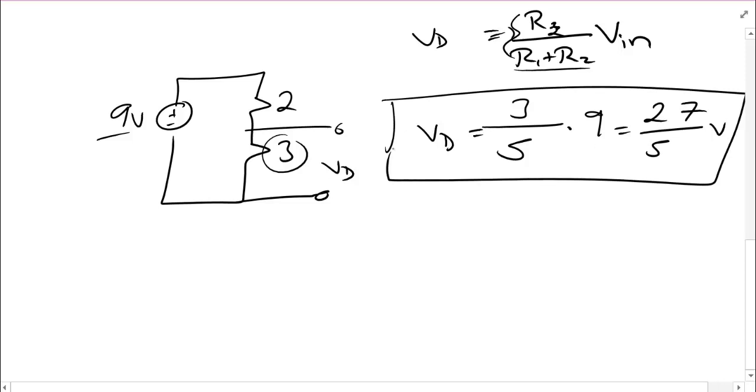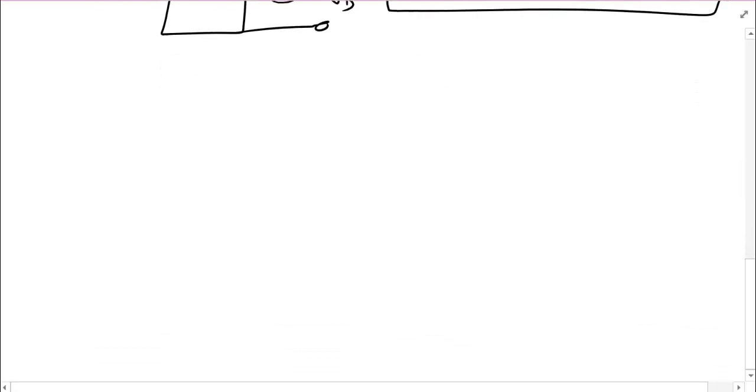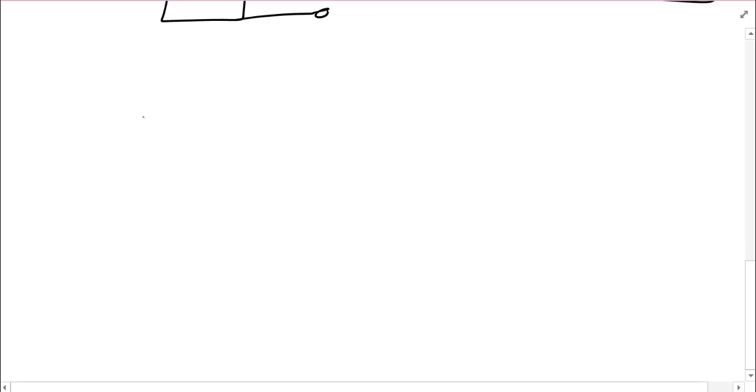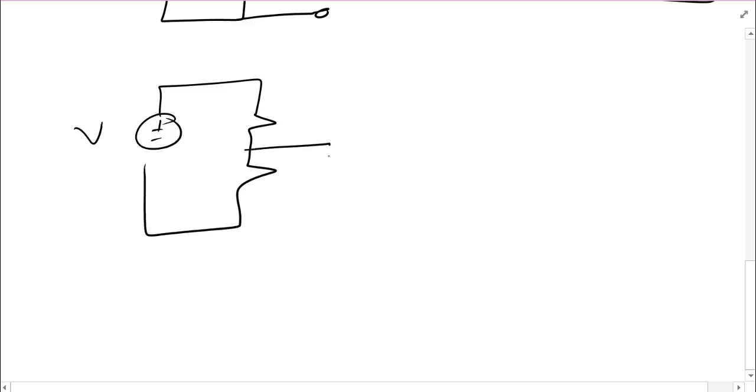Now, the voltage division principle on its own is very useful because we might come to a circuit where we have a similar setup to a voltage divider. Let's take a look. Let's say that I have a voltage source, and then I have some unknown element here, E. If I want to know what the voltage is, I could use the voltage division principle.